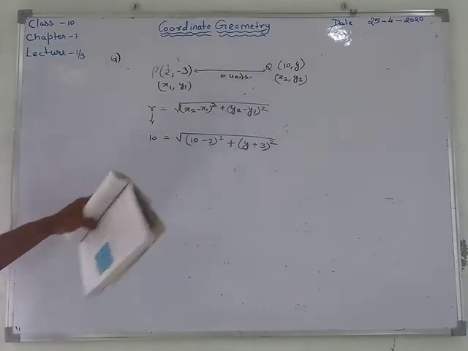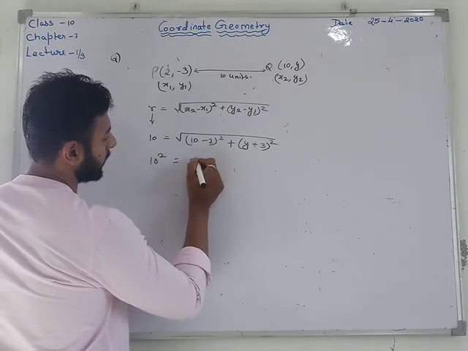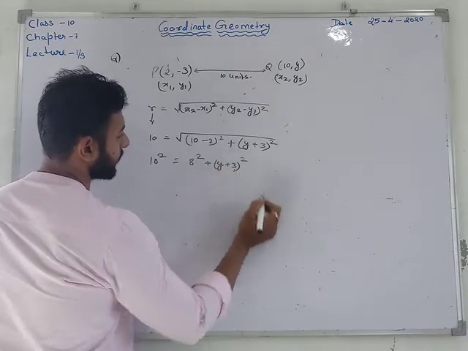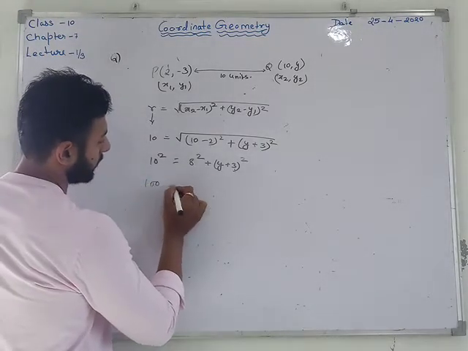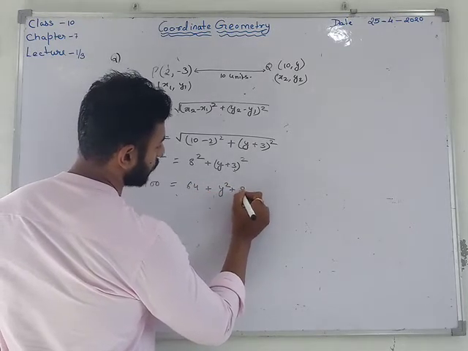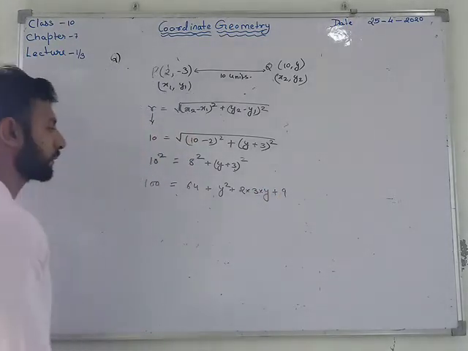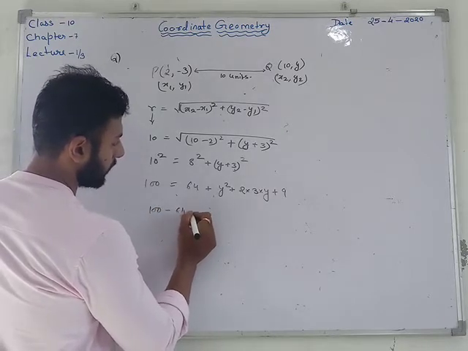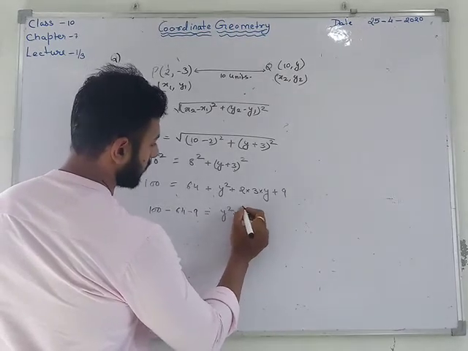Taking the under root on the left hand side, this will be 10 square is equal to (10 minus 2) which is 8 square plus (y plus 3) whole square. Solving this, 10 square will be 100, 8 square will be 64, plus y square plus 2 into 3 into y plus 3 square, which is 9. 100 minus 64 minus 9 is equal to y square plus 6y.